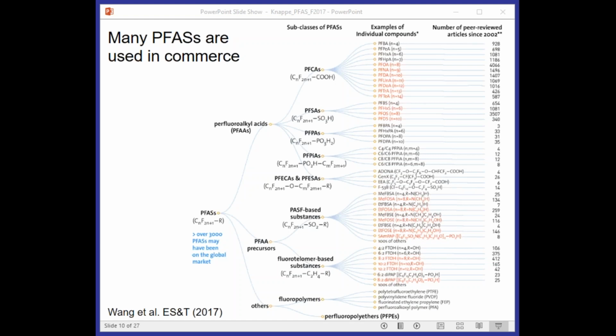Those are the carboxylic and sulfonic acids, many of which I talked about, and those are the ones for which we have, in general, more information on how well we can remove them through water treatment processes. But what's also shown here is there's a large number of additional PFASs that are on the market, and those are very poorly studied.